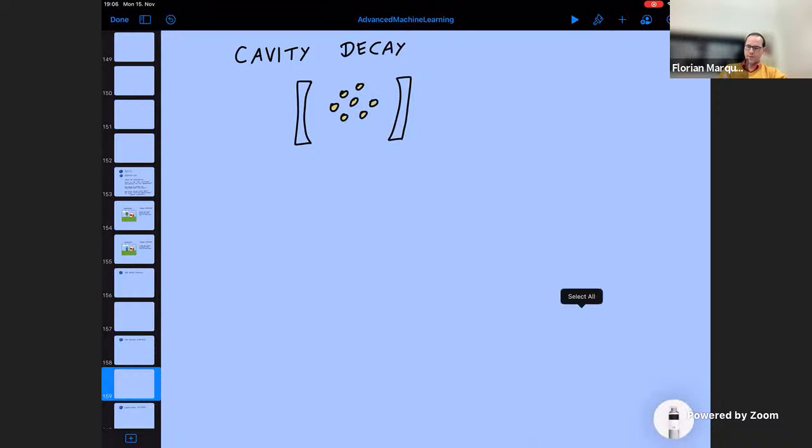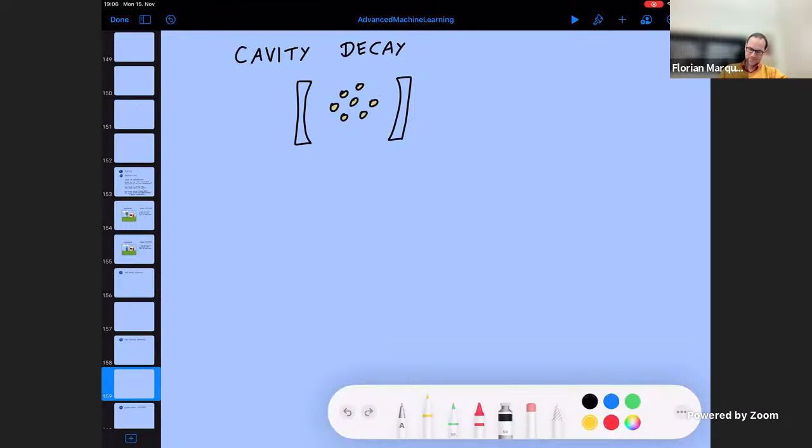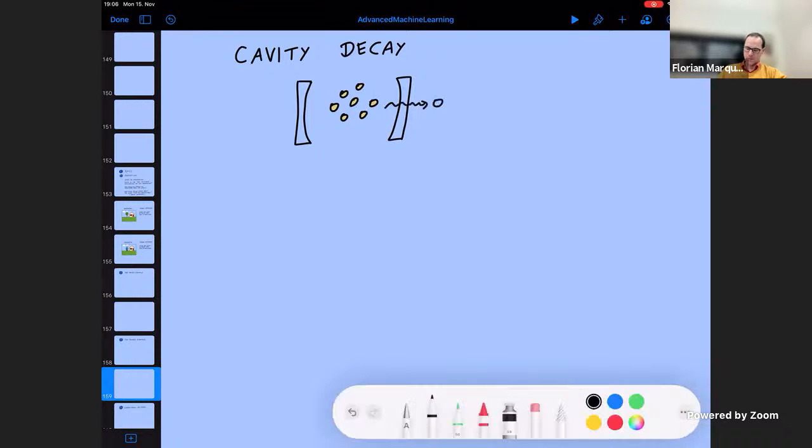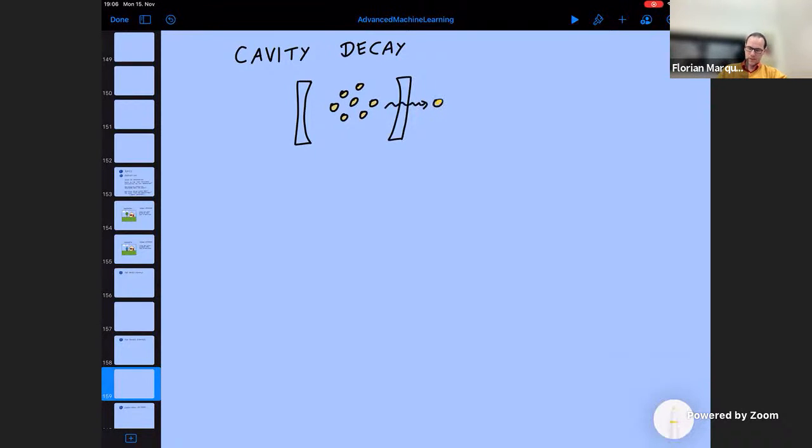Once in a while, one of the photons escapes, because it passes through the mirror. And when it escapes, I can be smart and place a detector outside. This is the typical sign for a detector. And if the photon hits the detector, then the detector will go click. So this is, so to speak, a measurement of photons leaking out of a cavity in a nutshell.